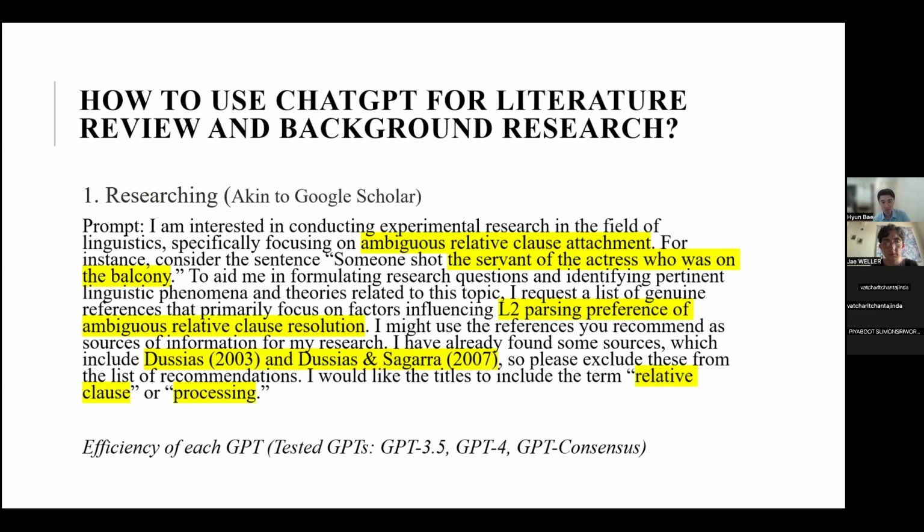I've already found some sources, which include Duffield 2003, Duffield and Sagara 2007. So please exclude these from the list of recommendations. I would like the title to include the term relative clause or processing. So I'm going to show you what the result might look like.